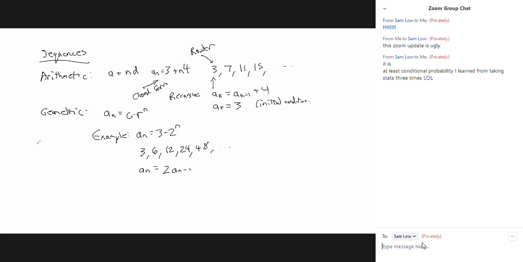And then the initial condition, A0 equals 3, gives our starting point. All right. Were there any questions on those? Any questions on sequences and going back and forth between the recursive and the closed form? I wouldn't ask anything more complicated than this stuff.